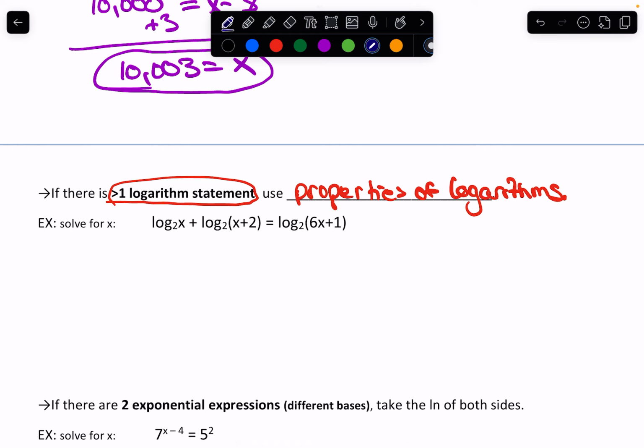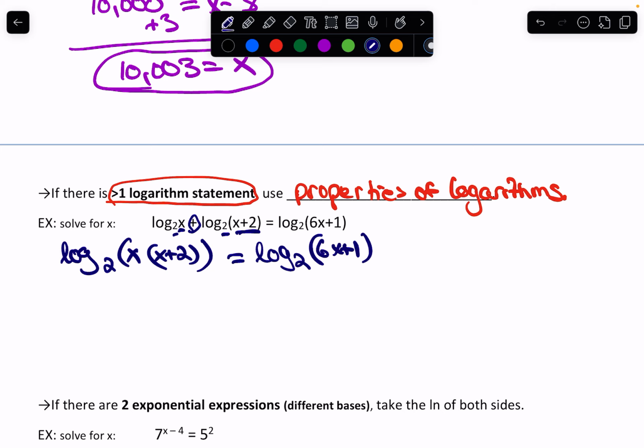So what we're going to do is, remember, if we have the same bases and then we have an addition, we can rewrite the arguments as a multiplication. So we can take the x and multiply it by this x plus 2, like this. And then our other side is going to be log base 2 of 6x plus 1.